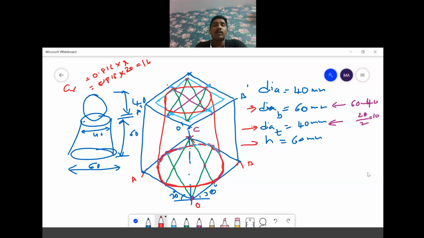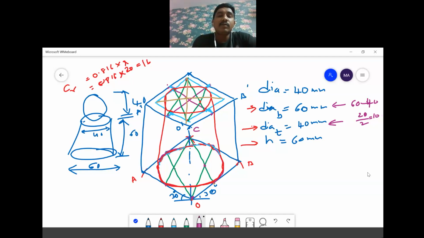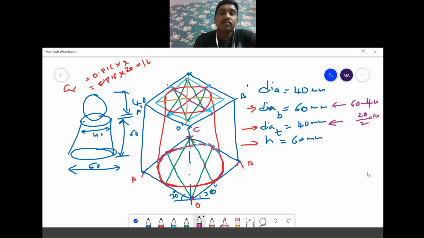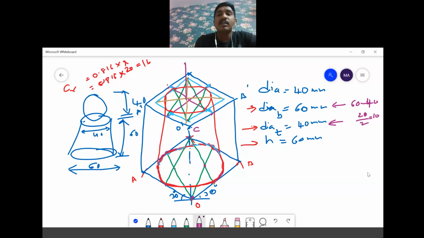Further, I'm marking the center of this one. From the center, I'm extending upward a distance of 16 mm.